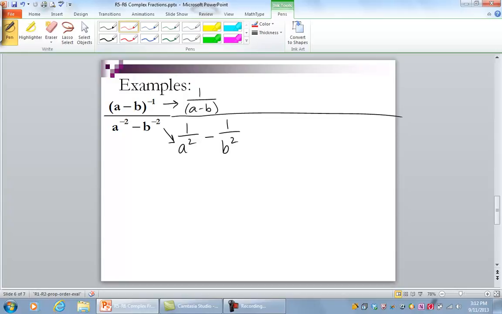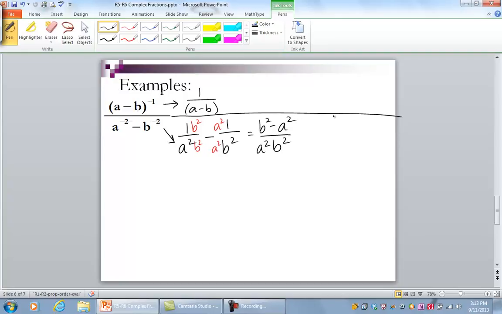So the denominator should be a squared b squared, which means this guy needs b squared top and bottom, and this guy needs a squared top and bottom. Okay, which means that my denominator is going to be a squared b squared, the combo, and the numerator is b squared minus a squared.